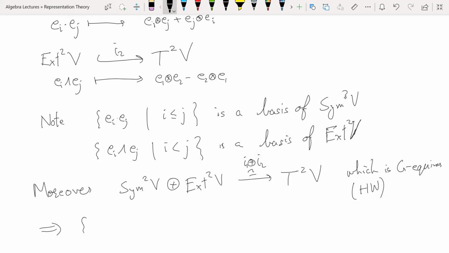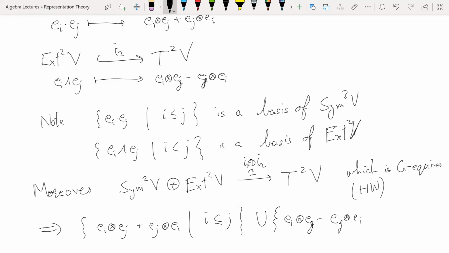This implies that EI tensor EJ plus EJ tensor EI, I less than or equal to J, union E1 tensor E2 minus EI tensor EJ minus EJ tensor EI, I strictly less than J. I don't know why I shifted to 1 and 2 instead.